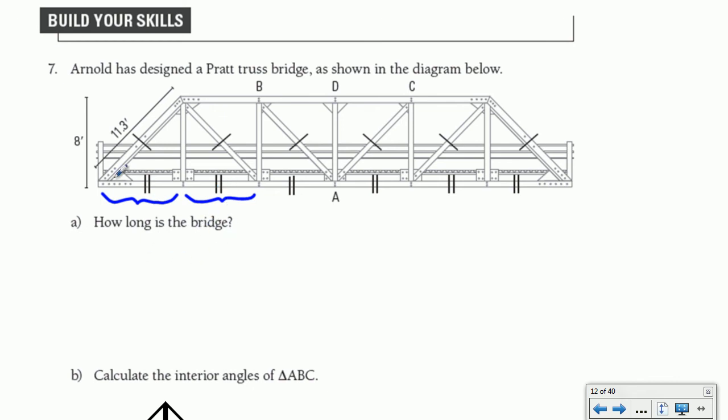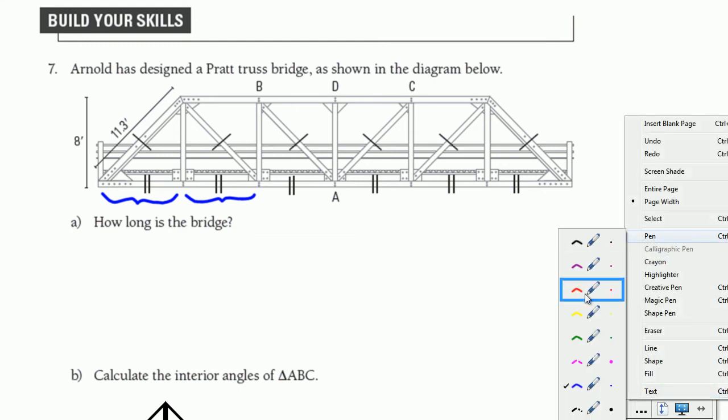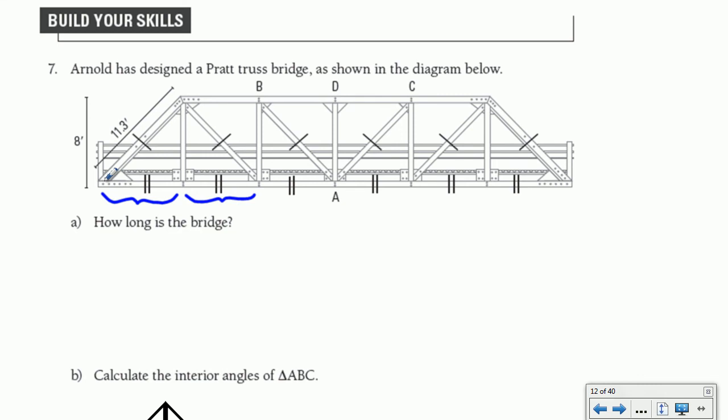First off, how long is the bridge? So if we focus in on just one of these triangles, so if you look at this one, it's a right angle here. If we can figure out just this length here, we can take it and multiply by 6 to get the full length of the bridge.